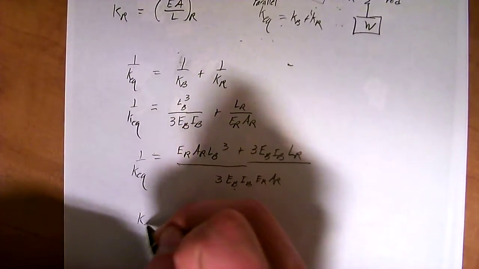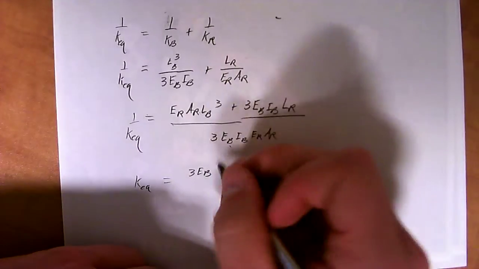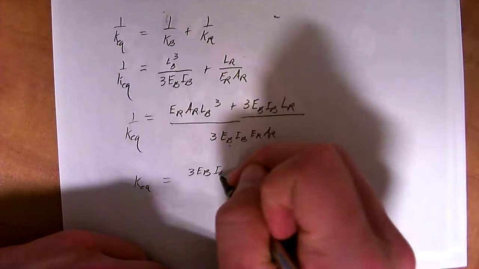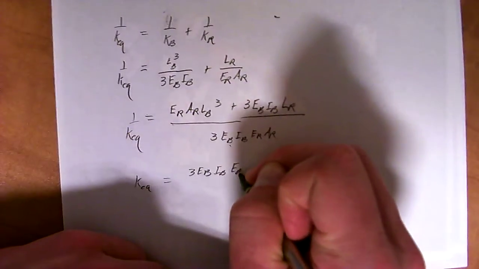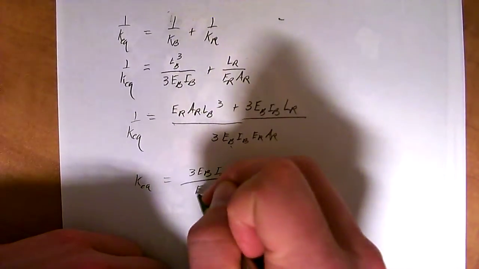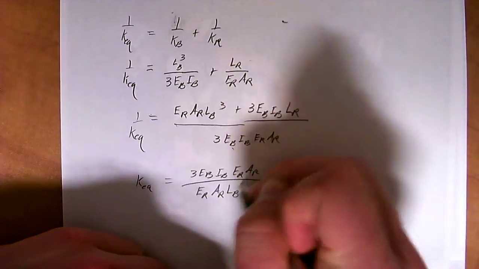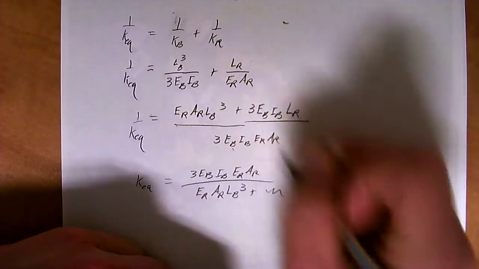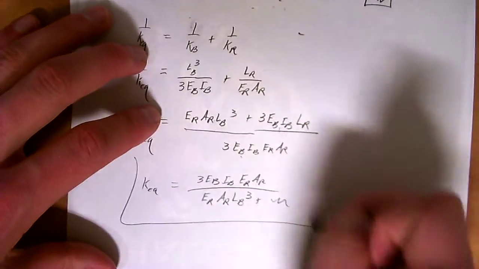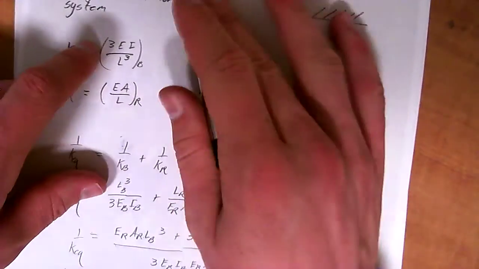You can then take the inverse of this because this is 1 over KEQ, and then KEQ is going to equal 3 E_B I_B E_R A_R all over A_R L_B cubed plus and so on. It's that notation right there. So that's your K equivalent.